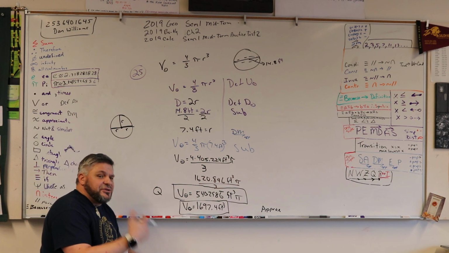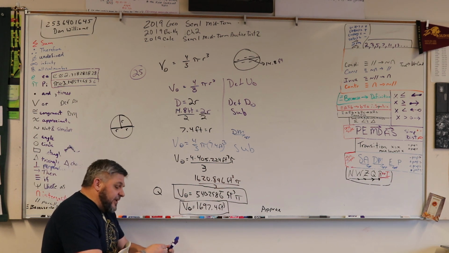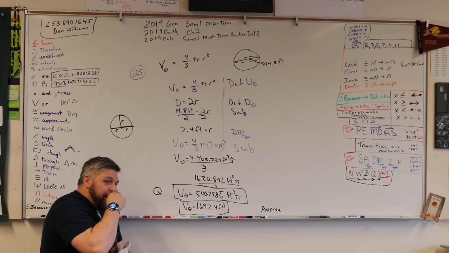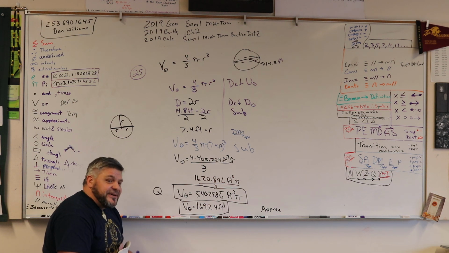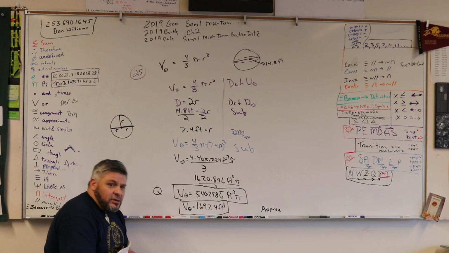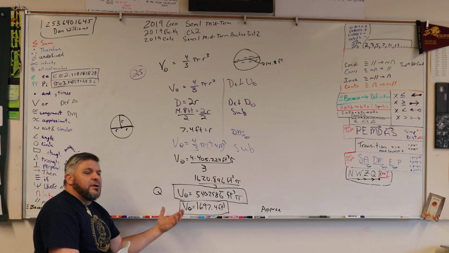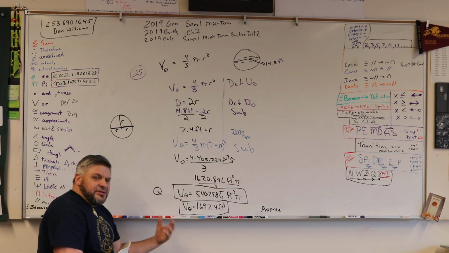But what I'm trying to get you guys used to is plugging it in and trying to figure out the amount. So we're going to have a little fun with that snowball problem, right? We're going to build a snowman, and from that snowman, we're going to figure out how much volume of water we have in the snowman.